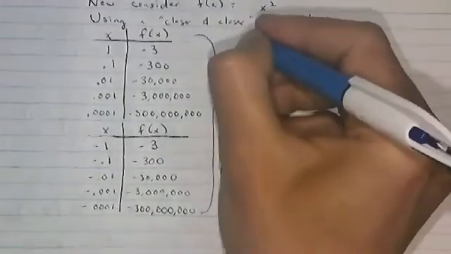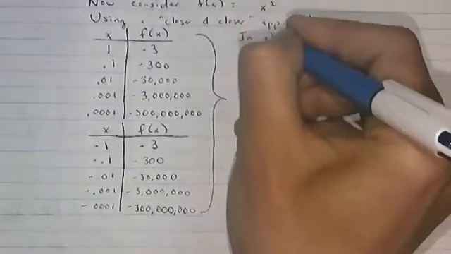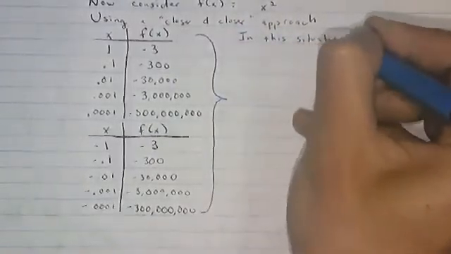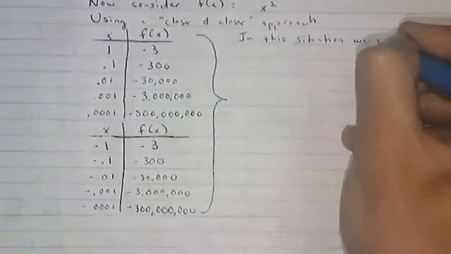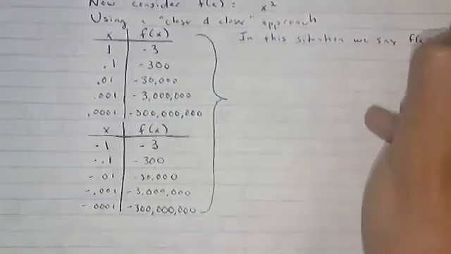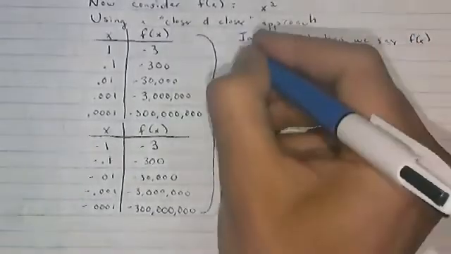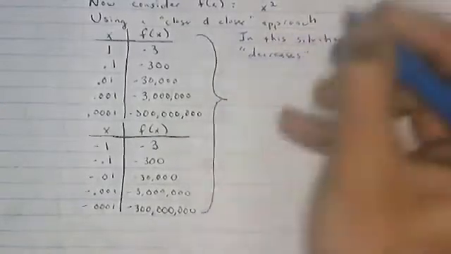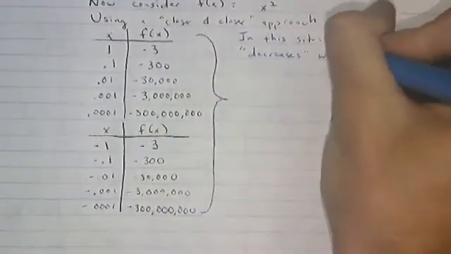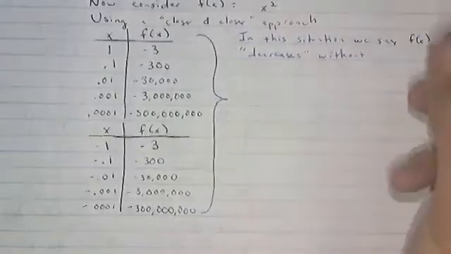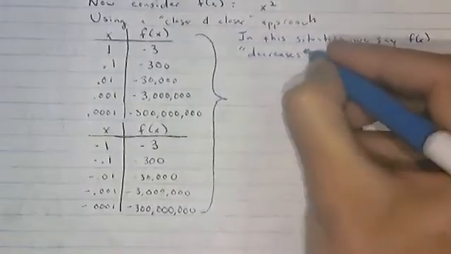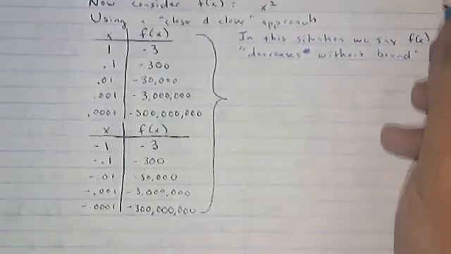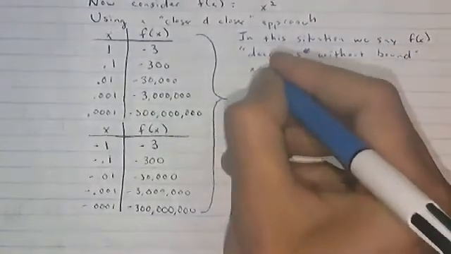So in this situation, we say that f of x "decreases without bound" as x approaches 0.